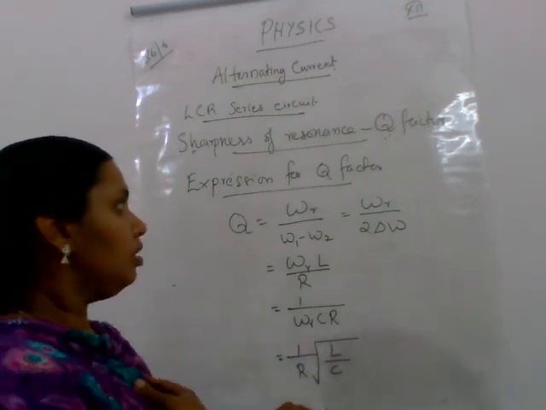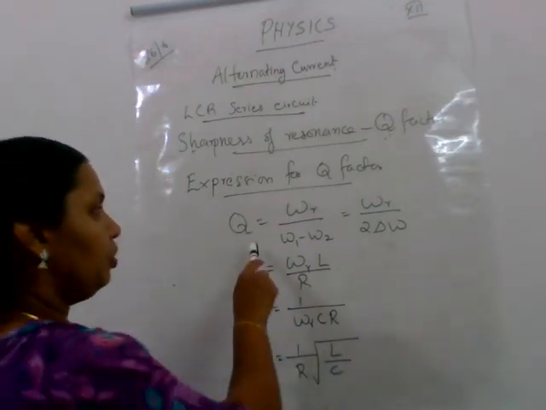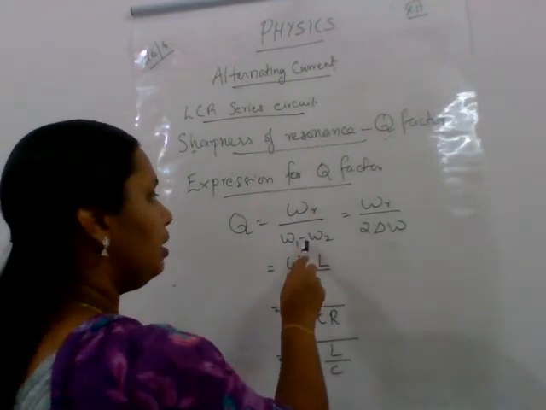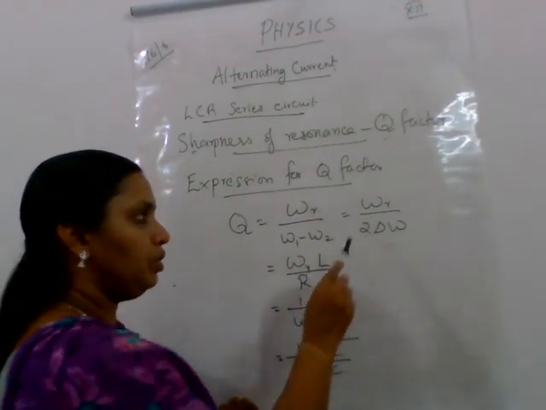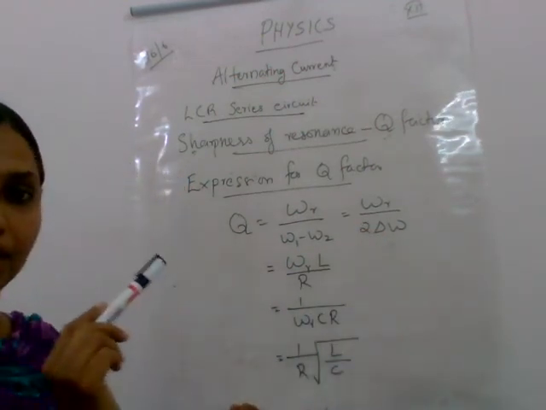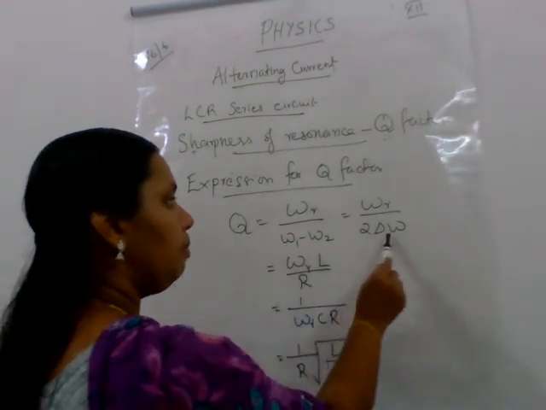Expression for Q factor. From the definition, Q is equal to omega r divided by omega 1 minus omega 2, or omega r divided by 2 delta omega. Omega r is the resonant frequency and this is the bandwidth.